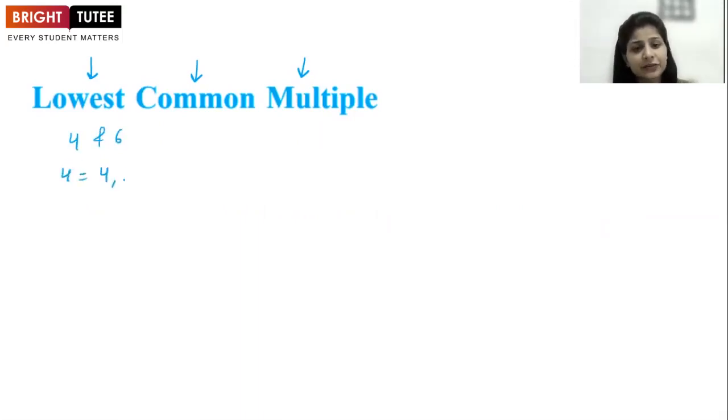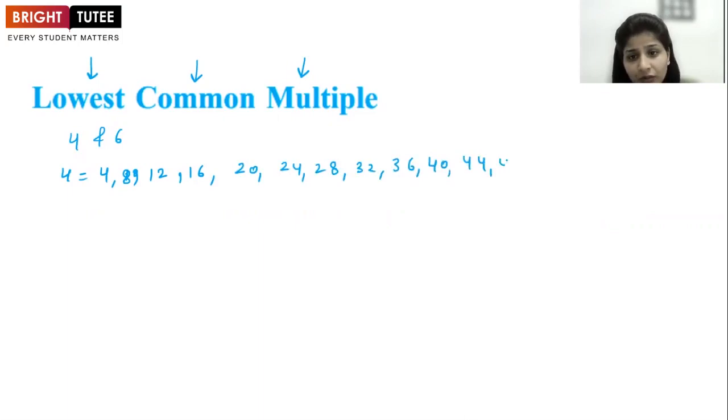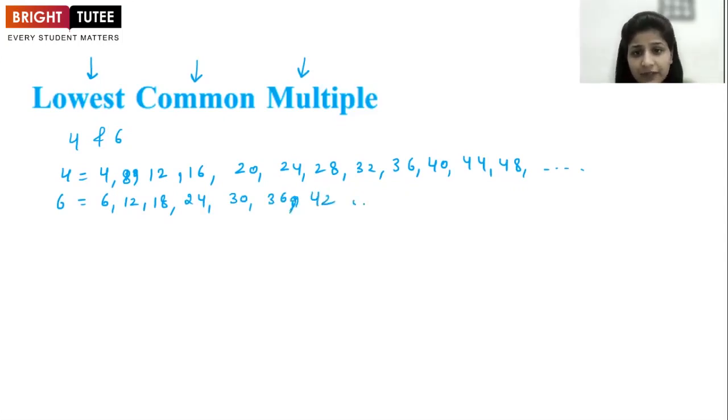The multiples of 4 are 4, 8, 12, 16, 20, 24, 28, 32, 36, then we'll have 40, 44, 48, and so on. Now the multiples of 6: 6, 12, 18, 24, 30, 36, then after 36 we will have 42, then 48, 54, and so on.